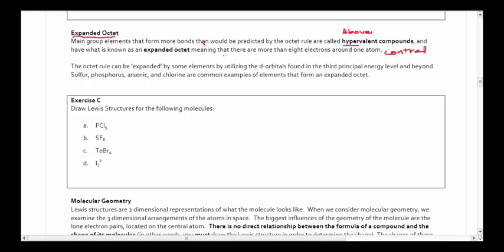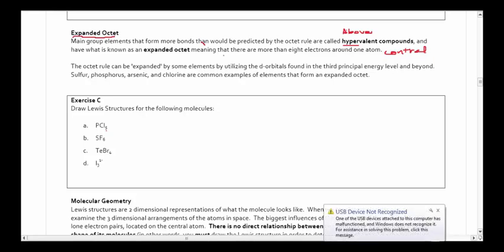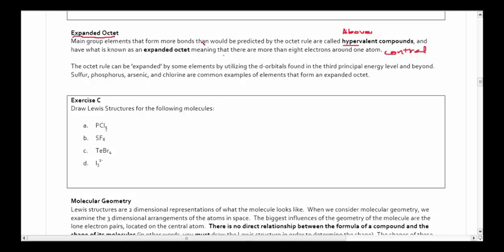So PCl5. One clue that you're above your octet is that 5. You're not going to see any atoms really begin to string themselves along in terms of chains, with the exception of carbon.